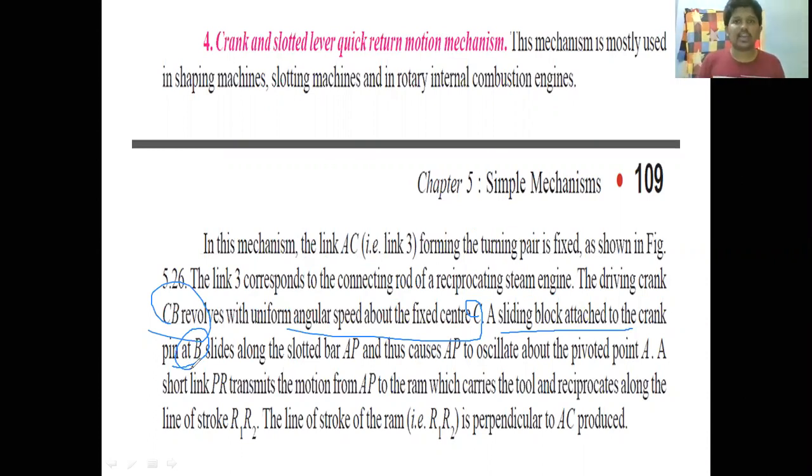Next we have a driving crank which rotates about C. To this driving crank we have a sliding block attached at point B, which slides along bar AP, and thus causes AP to oscillate about point A. So the sliding block is at pin B. It slides along AP. Now what happens to AP? This AP oscillates about point A. Now we have a short link PR which transmits the motion of AP to the ram, which carries the tool and reciprocates along the line R.